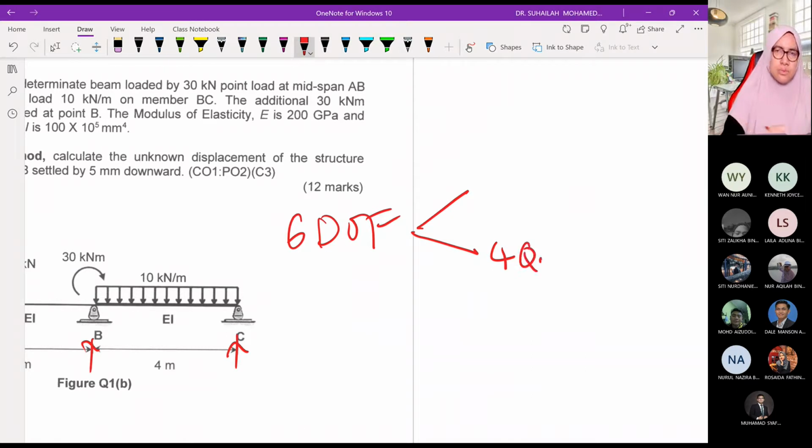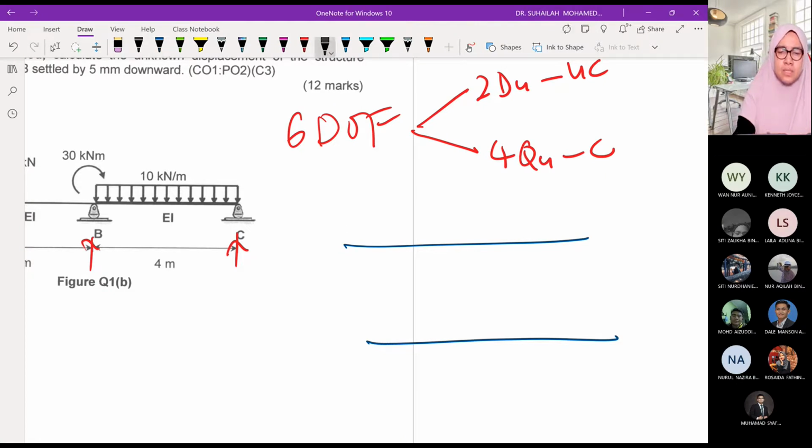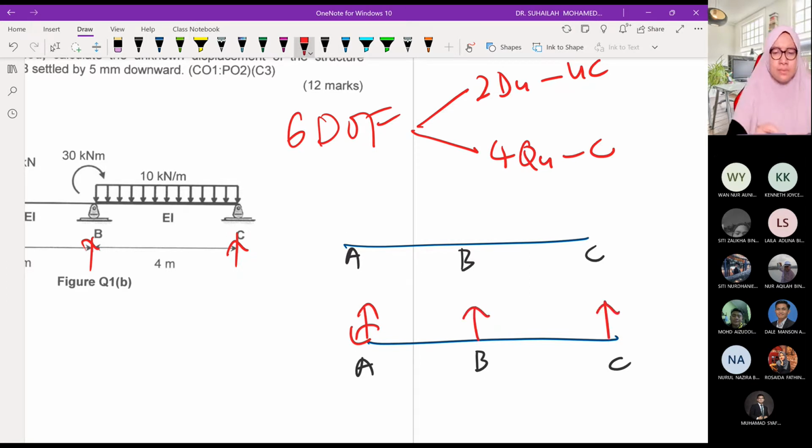So 4 for QU and 2 for DU. This is the unconstrained system and this is the constrained system, same as before. A, B, C, A, B, C. So we put 4 in one and the remaining 2 in the other. For the labeling, it is up to you how to label.